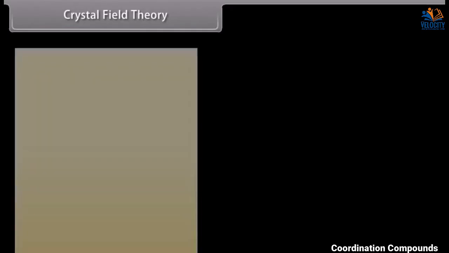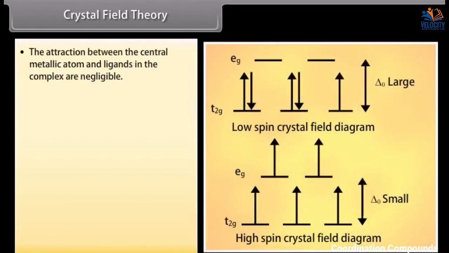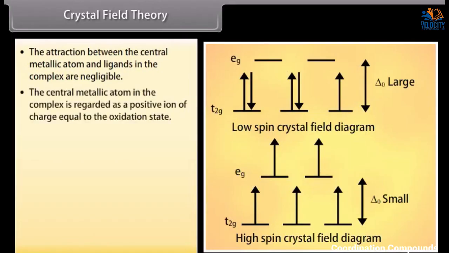Crystal field theory. The important points of the crystal field theory are the following. The attraction between the central metallic atom and ligands in the complex is negligible. The central metallic atom in the complex is regarded as a positive ion of charge equal to the oxidation state.